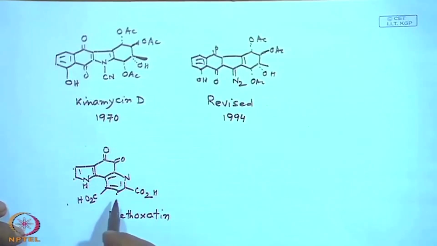Then what else? You have all these aromatic hydrogens, etc. From the chemical shift you can make out somewhat. I will give you some examples of how to distinguish pyrrole and pyridine just by proton NMR. You can do it very quickly.